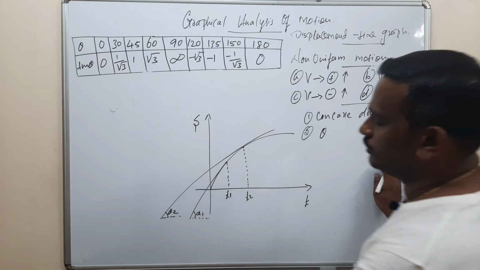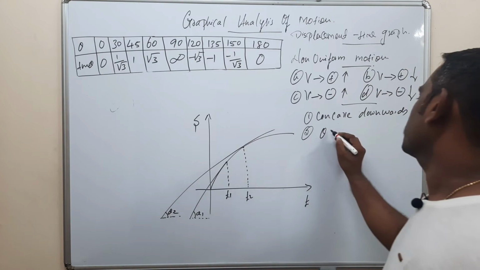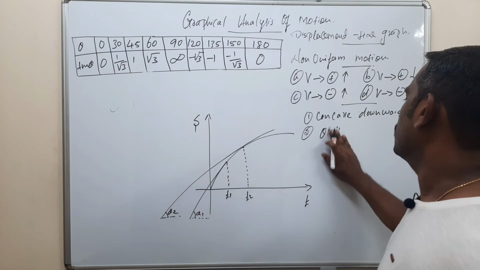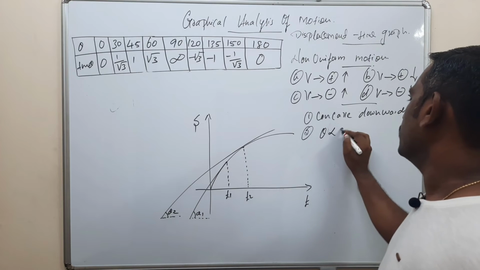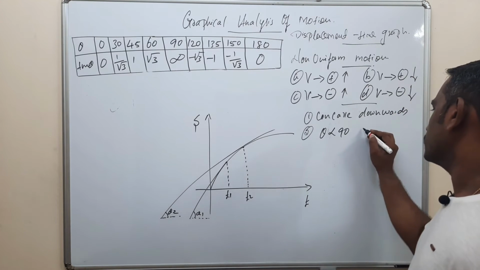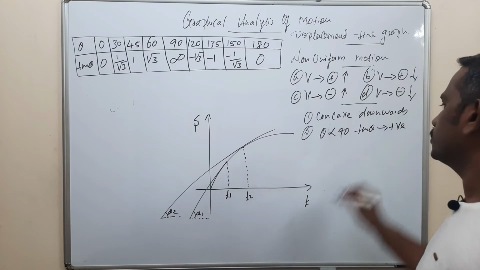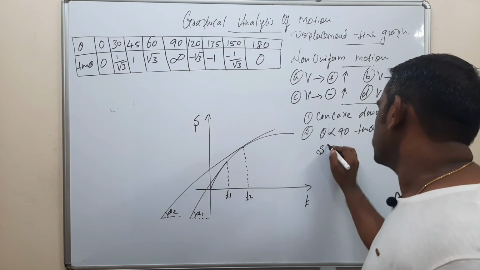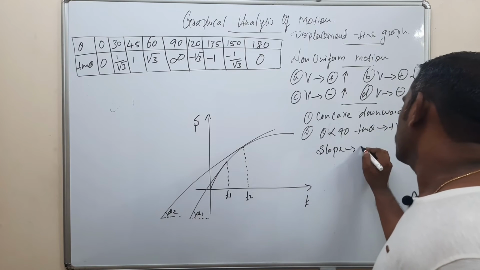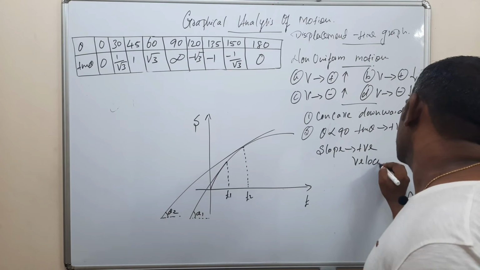Theta, here also theta less than 90 degrees. That is tan theta positive. Tan theta positive means slope positive. Slope positive means velocity positive.